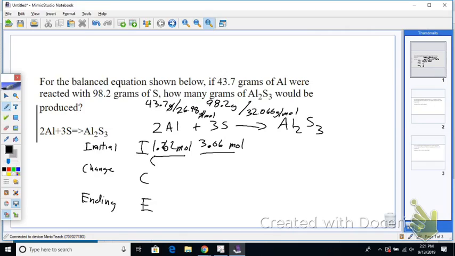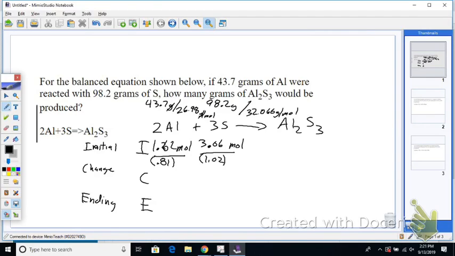So this would be what? 0.81? Yeah. And then this one is going to be what? 1.02. Okay? When you do that, the one that's the lowest number of moles is your limiting.